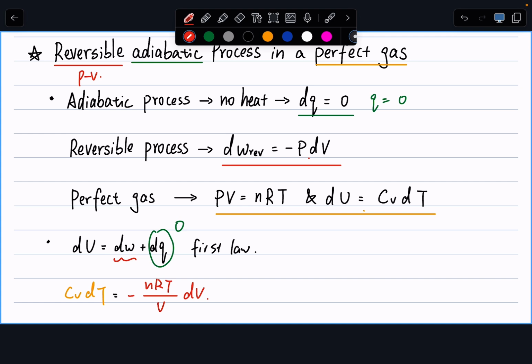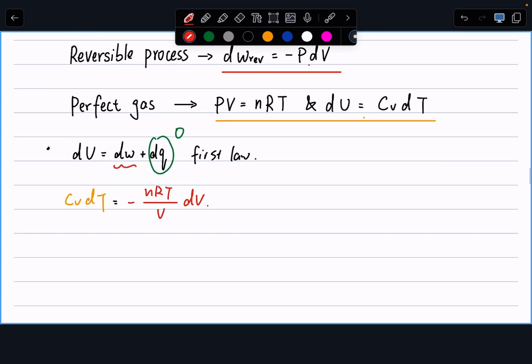All right. And then we can move the terms. When we're looking at these kinds of equations, you want to move the temperature to go with dT, and keep volume with dV. So later on, when we're taking the integral on both sides, we have a means to do normal integration.